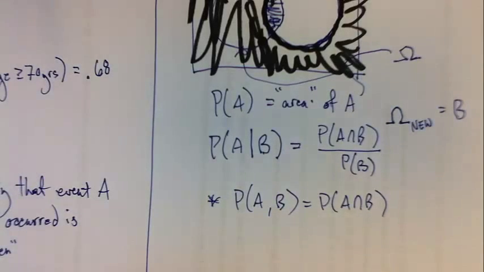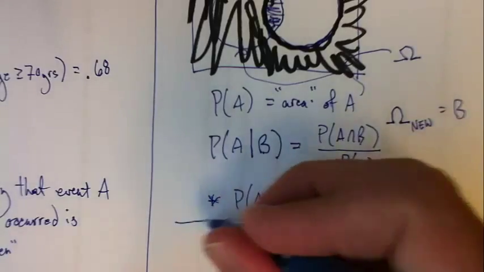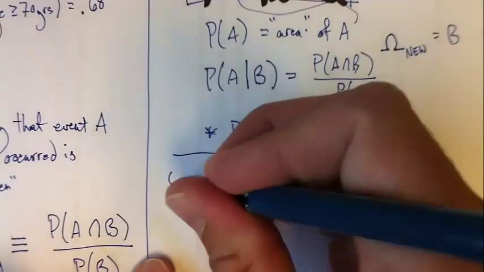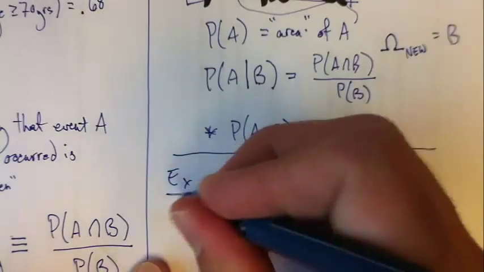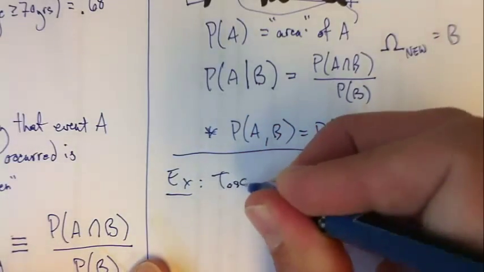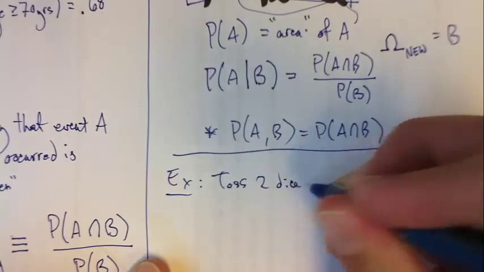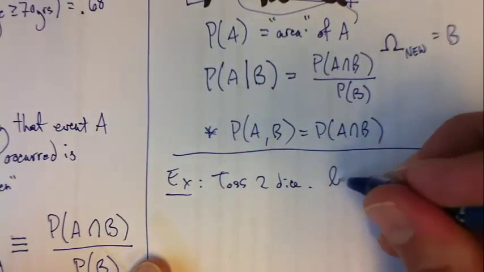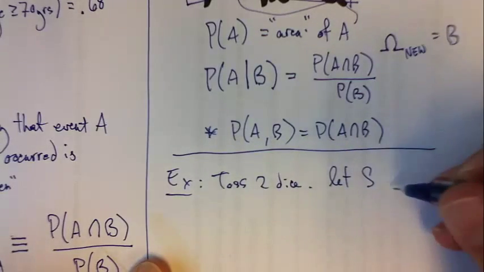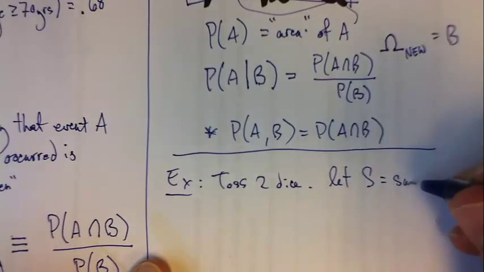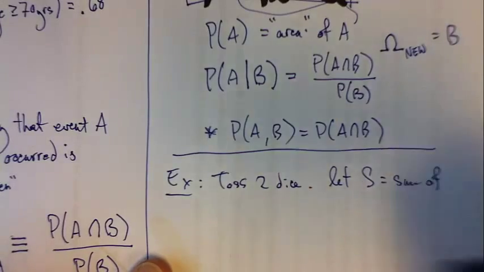All right, so let's do an example. Let's say you toss 2 dice. And let's say you let S be the sum of the top faces.